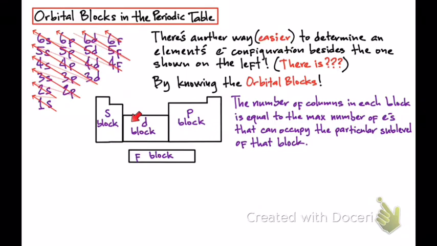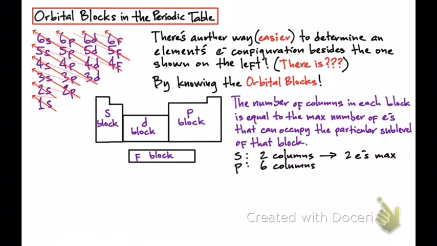When you count the number of columns for the d block, you have a total of 10, and for the f block, a total of 14. You can double check it yourself. Because the s block contains 2 columns, the maximum number of electrons for that block is 2.